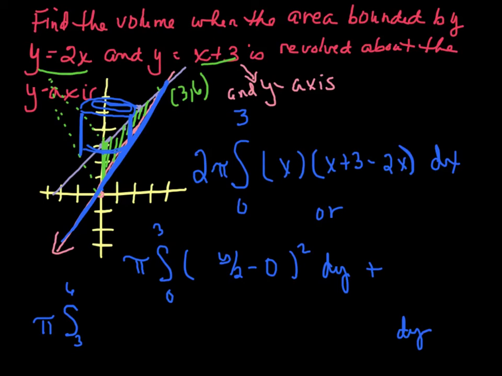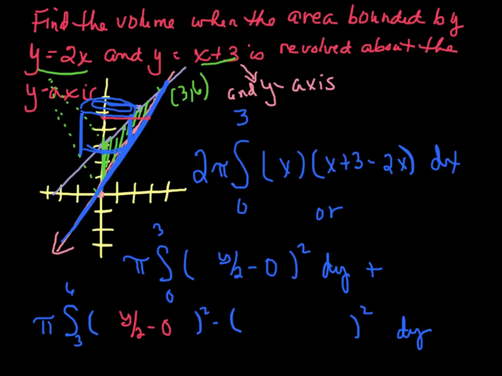And now the washer is going to be big radius squared minus little radius squared. Okay. Big radius is going to go from axis of revolution all the way out to the farthest curve away. So if I do right minus left, I'm going to have that line y equals 2x, which would be y over 2 minus the axis.